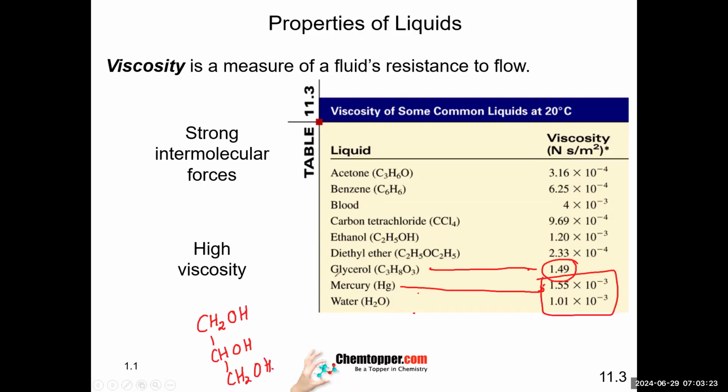Can I compare this glycerol with water? So who has more stronger IMF, glycerol or water? What is the reason? The reason is more hydrogen bonds. May I focus on this? More hydrogen bonds.